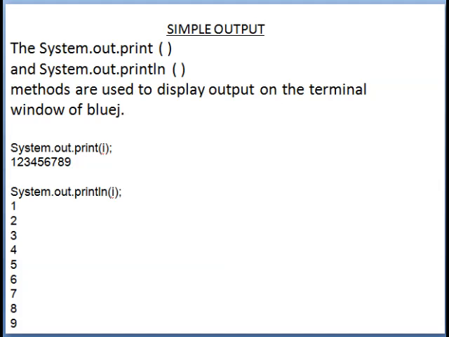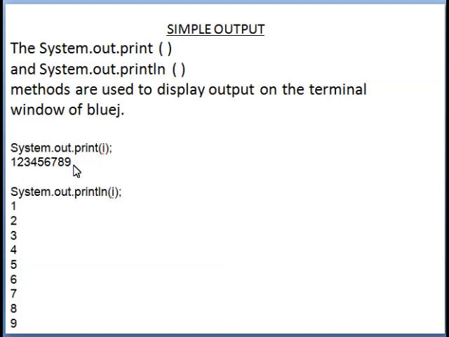Here you see this is the example. We are going to print the value of I in a for loop statement, the numbers from 1 to 9. If we write system.out.print, it will display the output like this: 1 2 3 4 5 6 7 8 9.